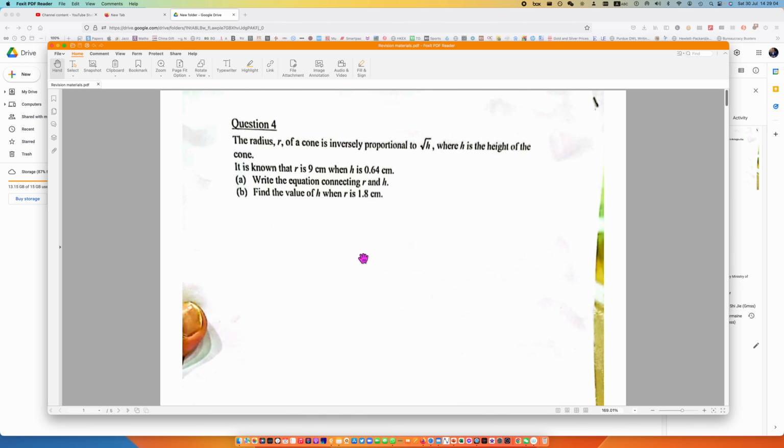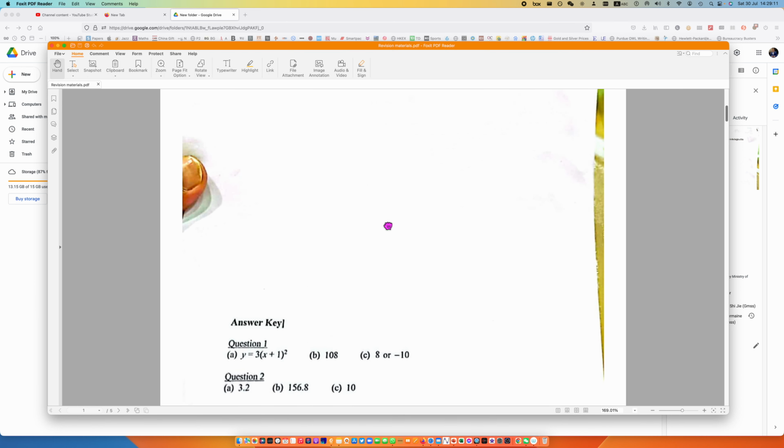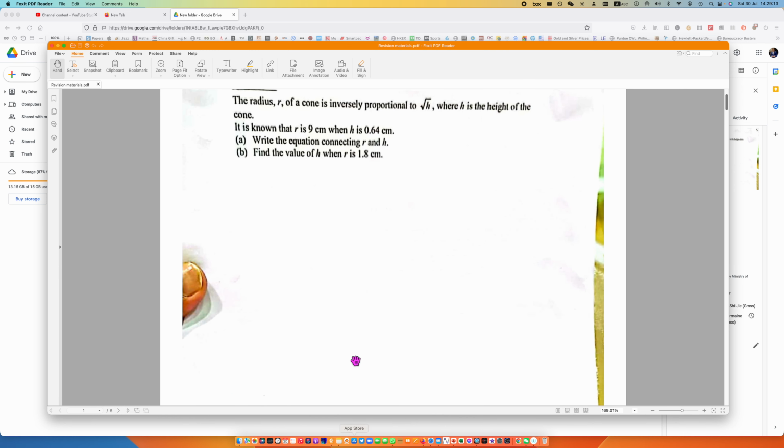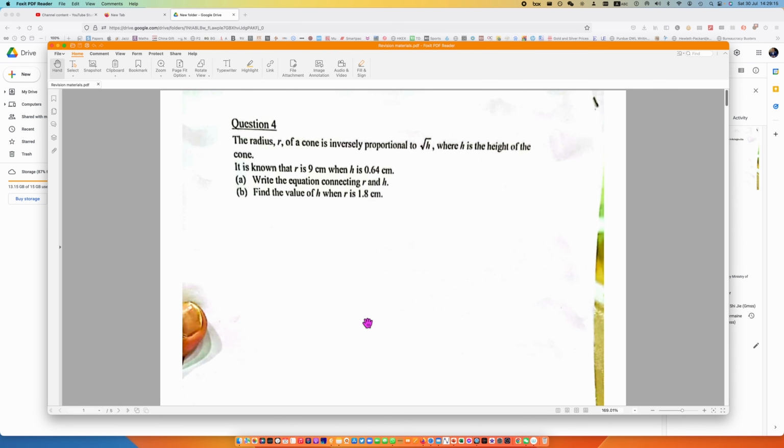This is about proportionality. So now let's take this opportunity to test you on this. I don't care about the answer key. Two questions, I give you 5 minutes.